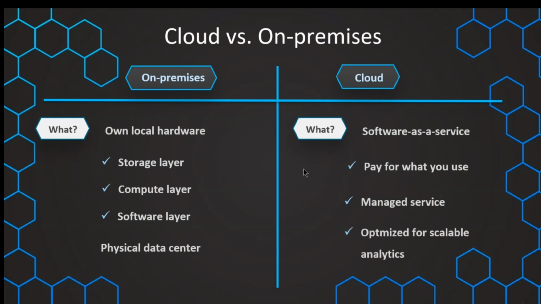And on top of that, it's also usually more optimized for our scalable analytical needs, because the on-premise data warehouse is usually also a data center that is used for other purposes, and we then are not so much optimized with these new technologies that are optimized for analytical needs.